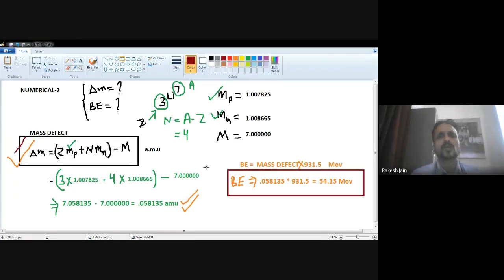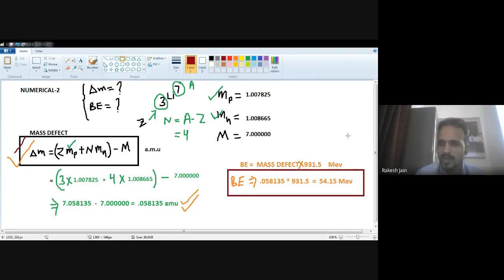Let's suppose someone asks you a graded kind of question: what is the binding energy per nucleon? So how do we calculate the binding energy per nucleon? We should divide the binding energy by the total number of protons and neutrons present in the nucleus.